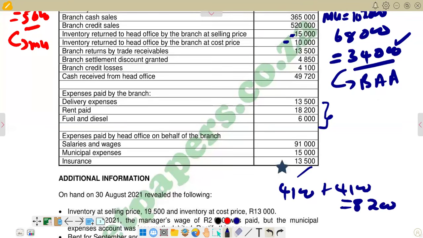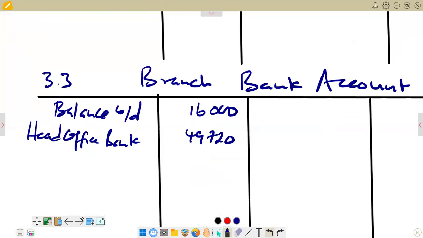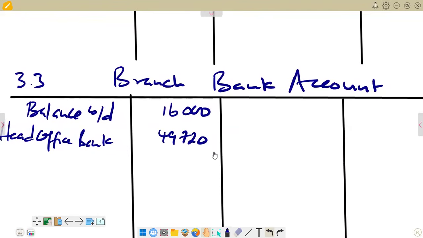So we come here and we enter them on the credit side of the bank account. On the credit side, we can start with rent paid, which is rent. The amount that we have there is 18,200.